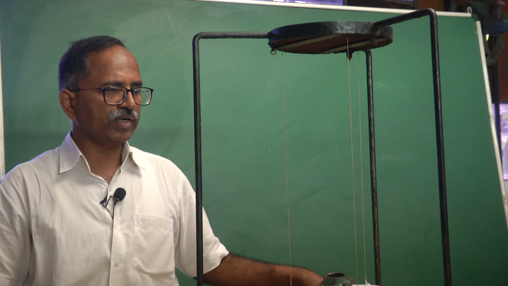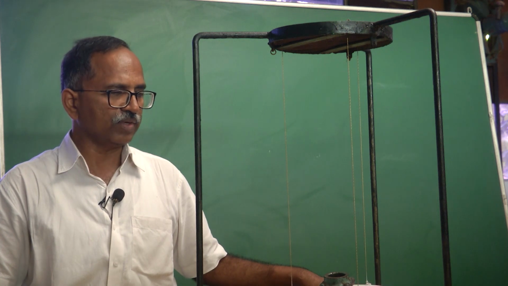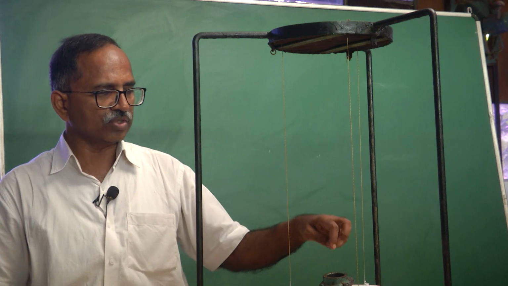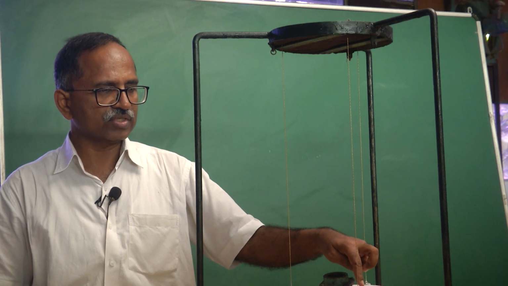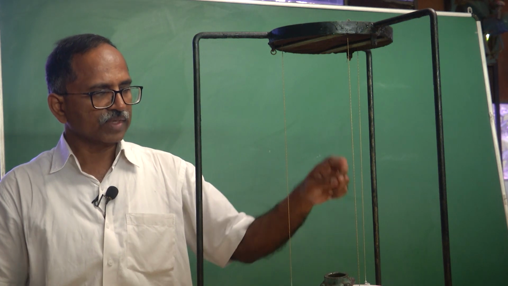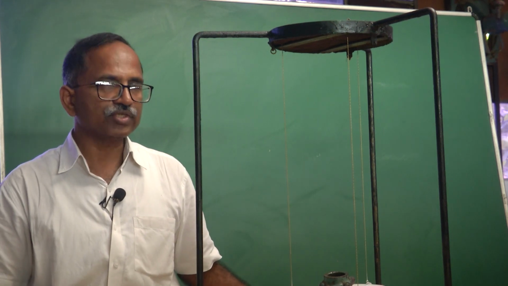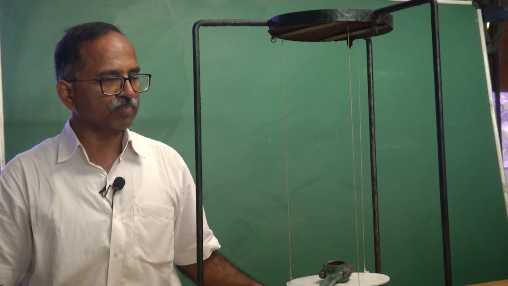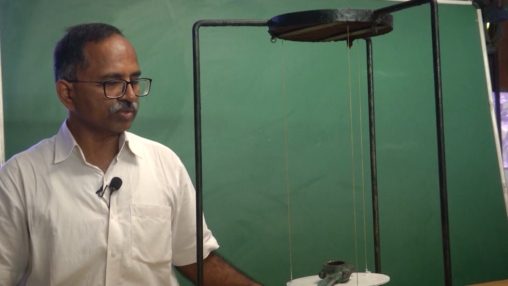You can also find out the expression for the period of oscillation for this trifilar pendulum, and for this you will realize that it turns out to be a function of the radial position of the connection of the string with the plate, the length of the string, the mass of the plate, and the mass moment of inertia of the plate, okay, or the mass moment of inertia of the plate plus the object which you are trying to measure.